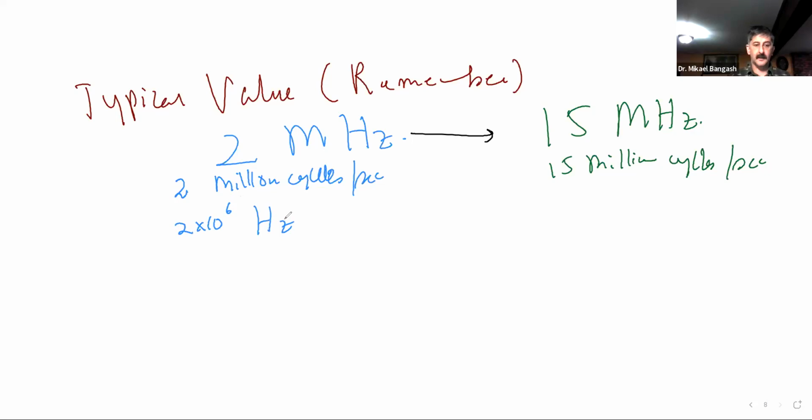You may guess that 2 is 2, the mega or the million is 10 raised to the power 6, and the cycles per second is the hertz. Did you guys get that?